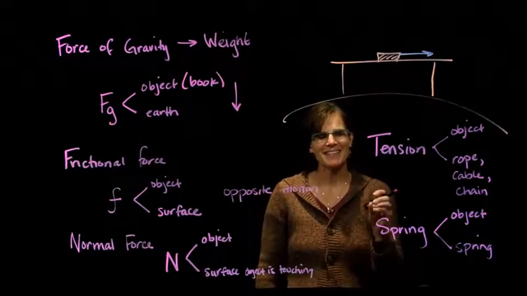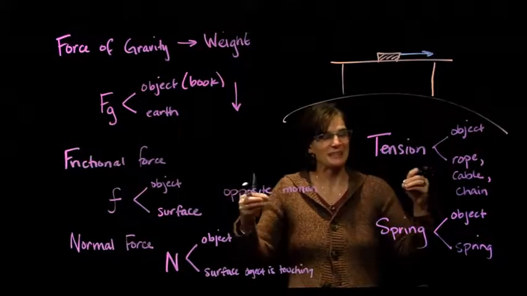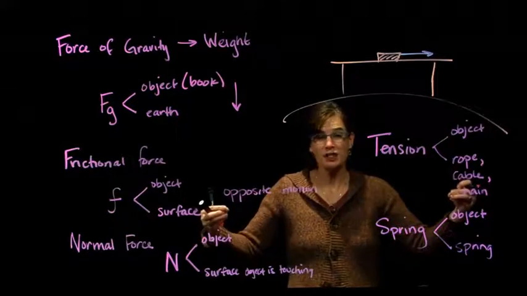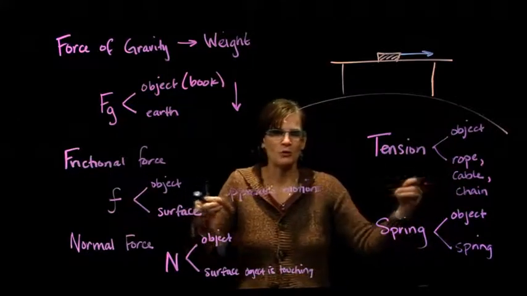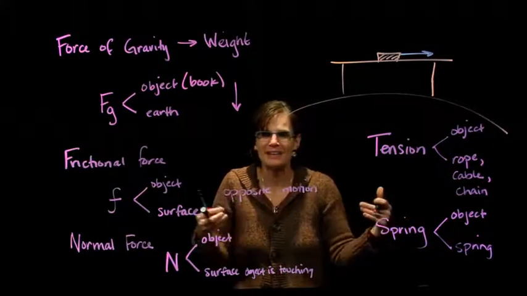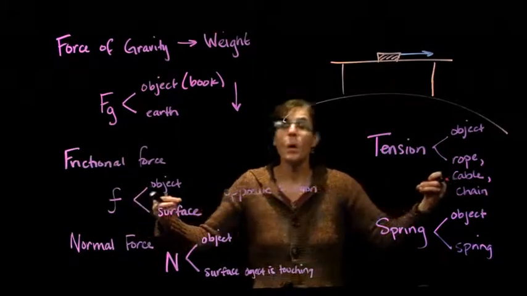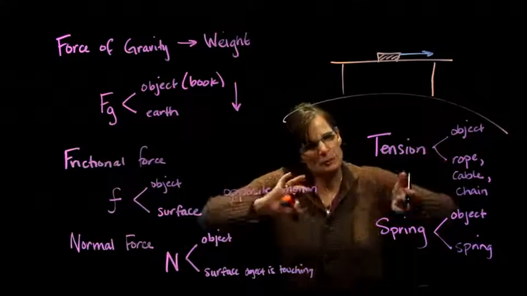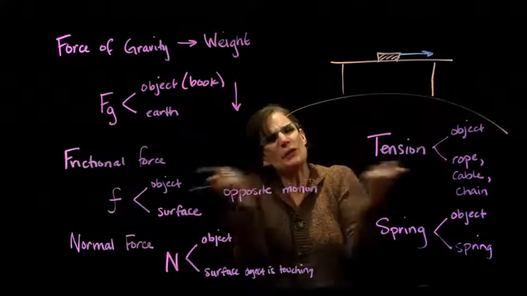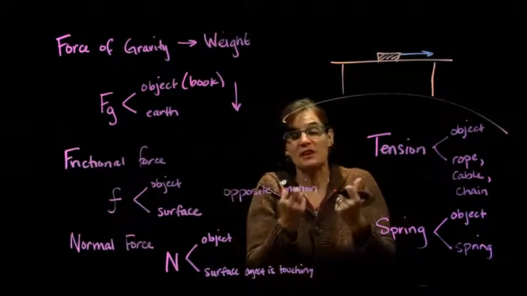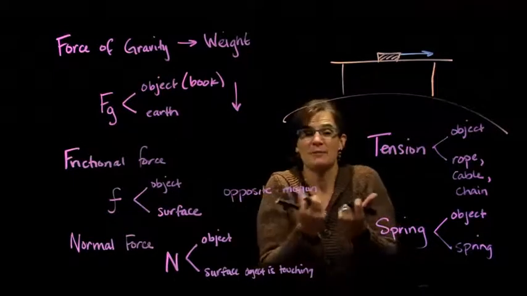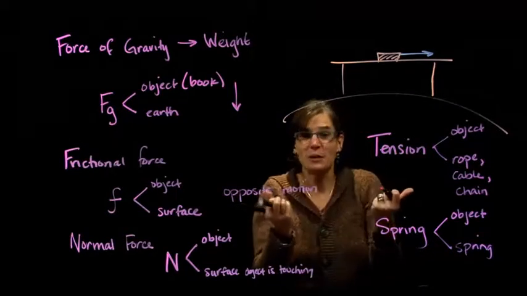But the idea is that depending on whether that spring is stretched and therefore trying to contract back and pulling the object in the direction opposite the stretch, or that spring is compressed and trying to push outward and therefore exerting a force on the object opposite the compression.